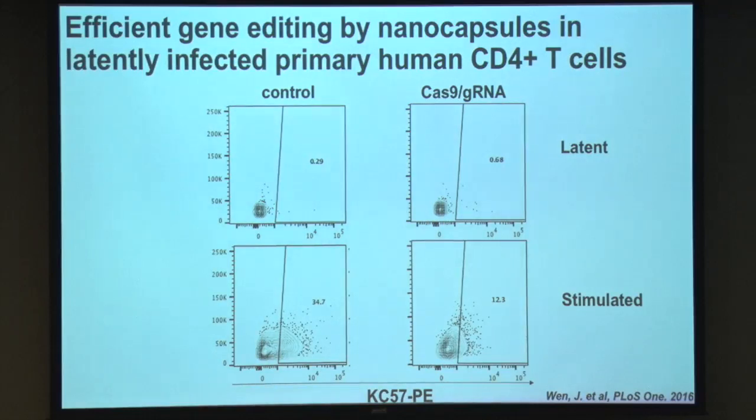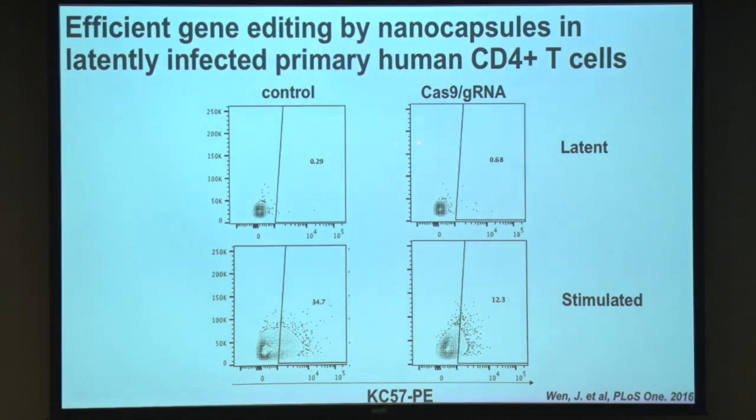So the question for the gene editing for those reservoirs is whether they can get into those quiescent cells. This is a demonstration of whether the nanocapsules can get into quiescent primary T cells. So we generated this latent infected model.